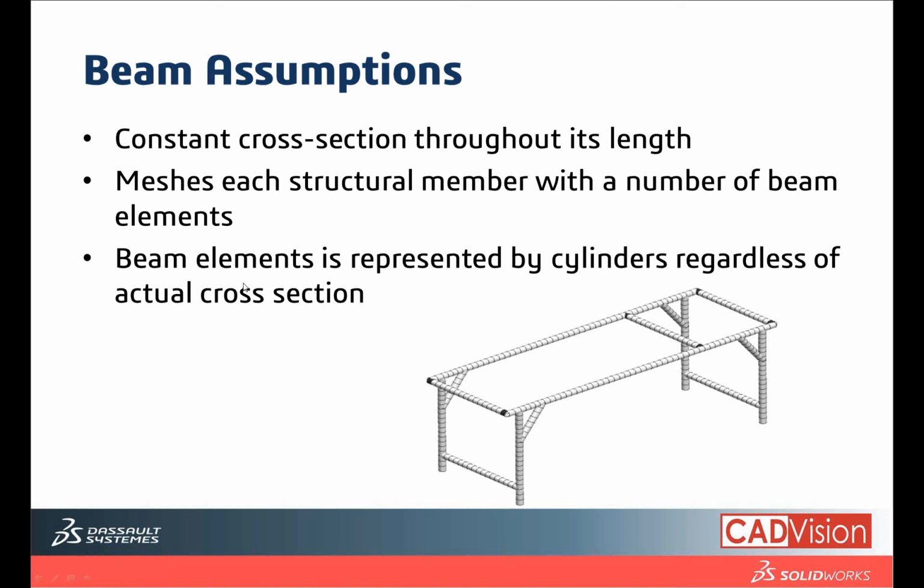The beam element is represented by a cylinder regardless of the actual cross-section, as I explained earlier. So it simplifies the whole model for study purposes. Of course, the accuracy will not be as high compared to the actual cross-section, but it will still have its accuracy.